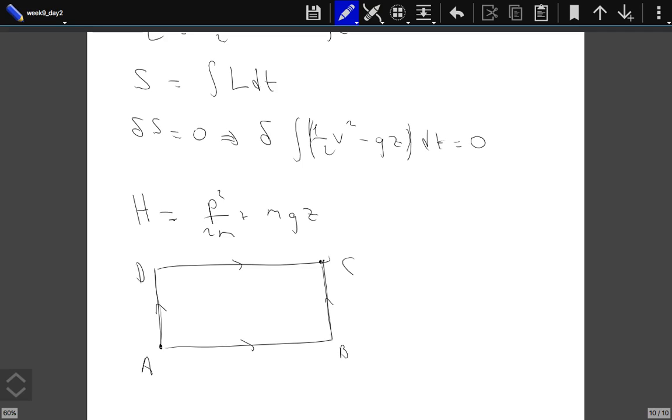But the phase that the particle acquires as it goes from A to B is different from the phase that it acquires as it goes from D to C. And this phase difference is proportional to the mass. If you calculate the phase difference, I will not go into the details. Let me just quote the result.